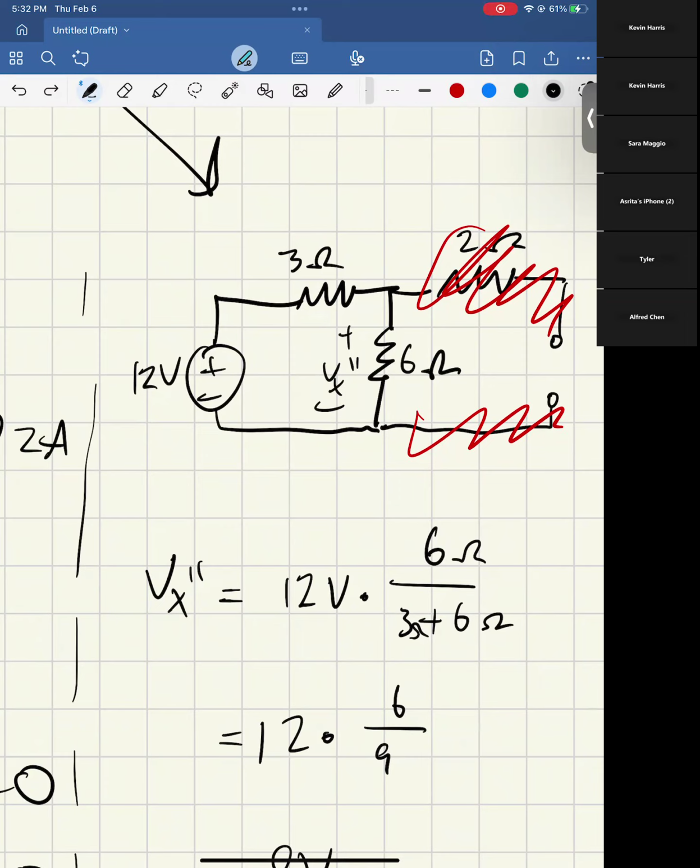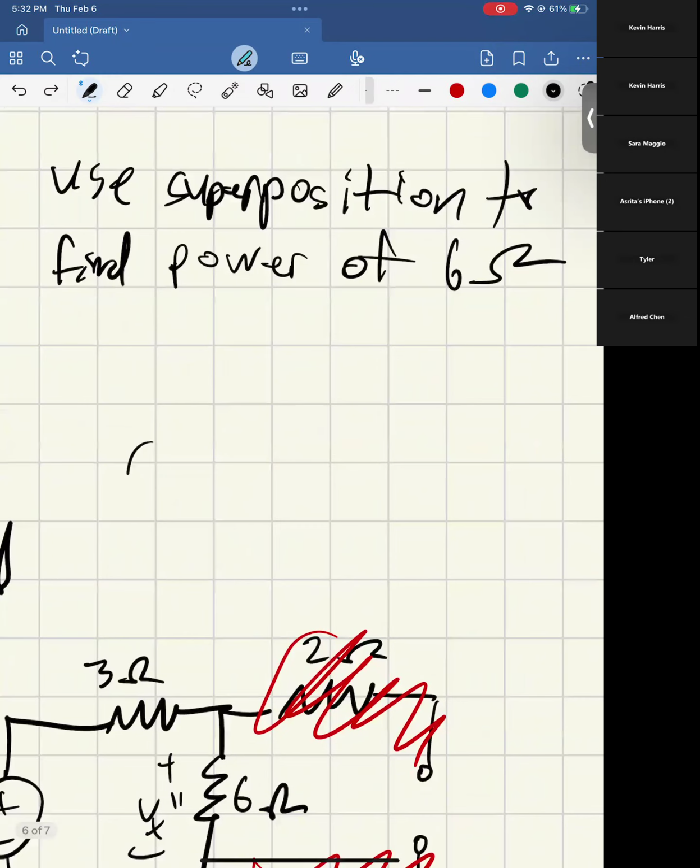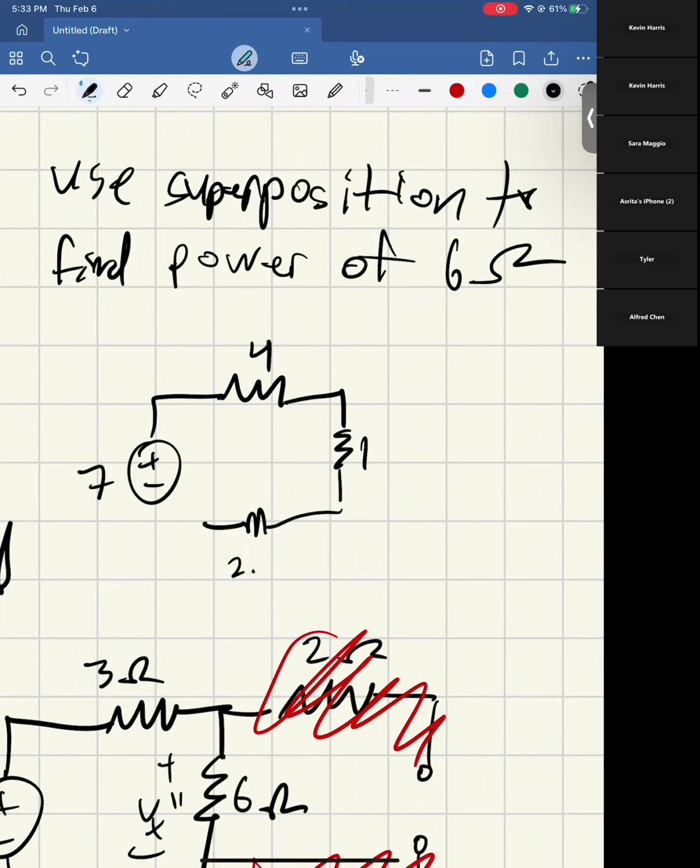You can only do this when you have a very simple circuit with a voltage source and resistors in a series loop. Just as another example, if you had 7 volts here and you had 4 ohms and 1 ohm and 2 ohms, the voltage across the 4 ohm resistor would be the input voltage times 4 over 4 plus 1 plus 2.